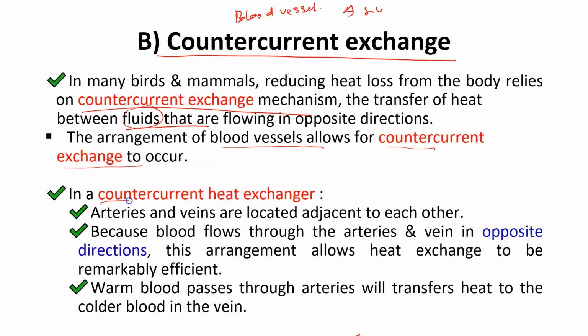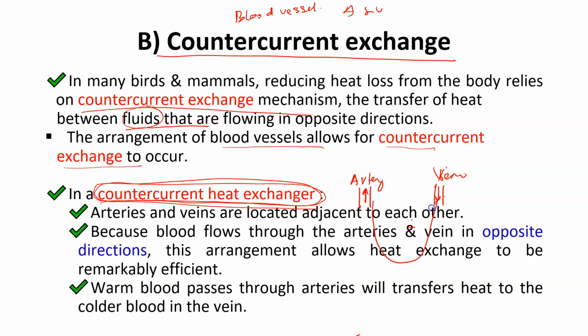So in a countercurrent heat exchanger, this is the name of the arrangement of blood vessels. The arrangement of blood vessels, artery and vein, that are adjacent to each other and allow blood to flow in the opposite direction.